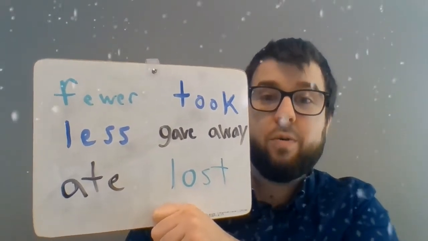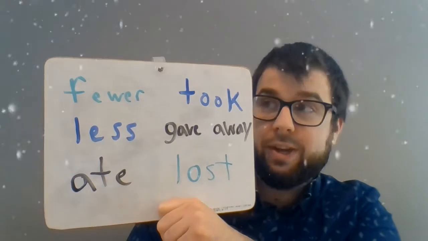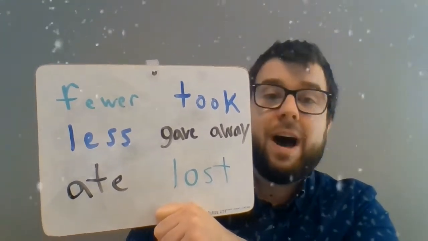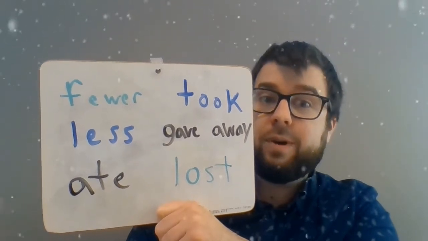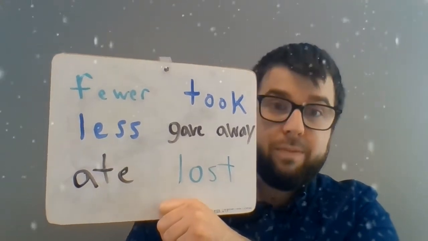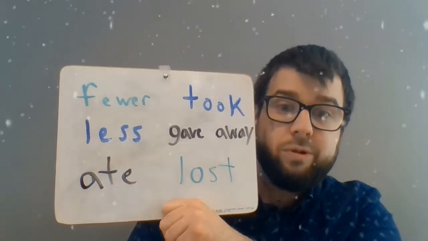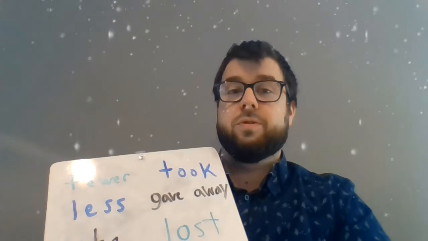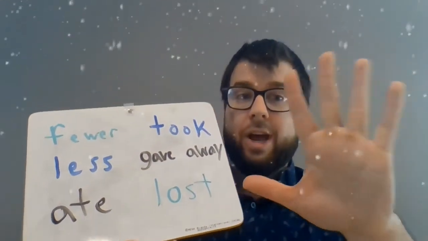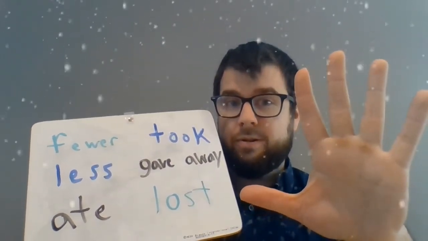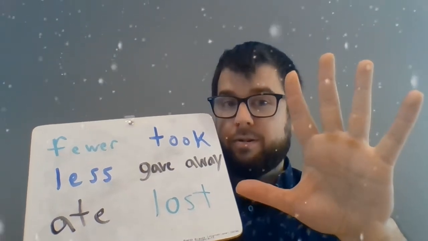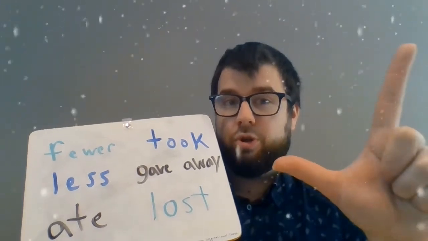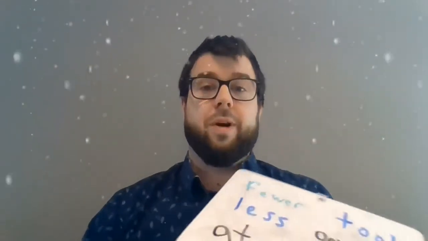Yes, it's gave away. Gave away is telling us that I'm going to have less, so it's take away. I want you to try to solve this with your fingers. See if you can do it. You start with 5, and then how many do you take away? 3. And how many is left? 2. All right, good work.